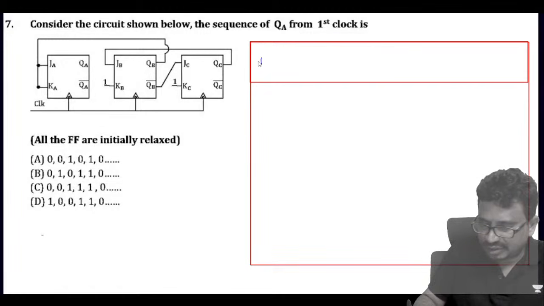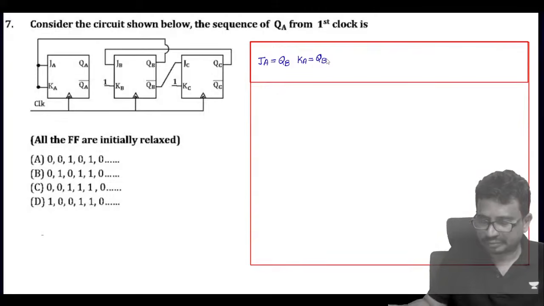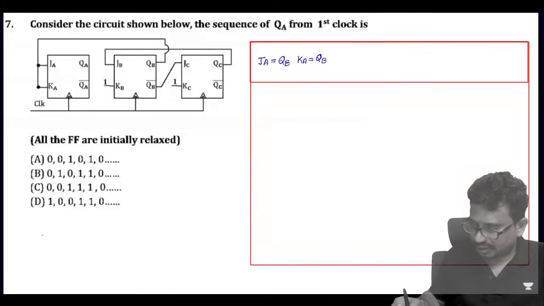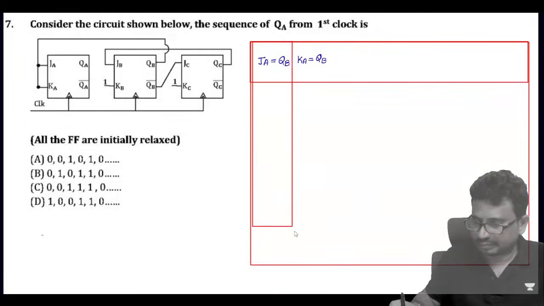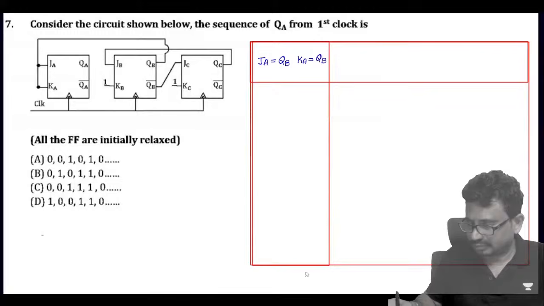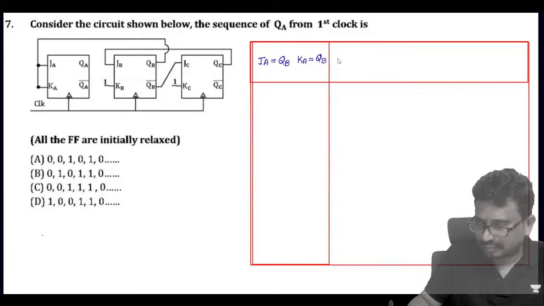So they given JA equal to what, tell me now here, QB, and KA equal to what, tell me now here, QB. Next, JB equal to what, tell me now, QC, and KB equal to what, you tell me now here, 1.